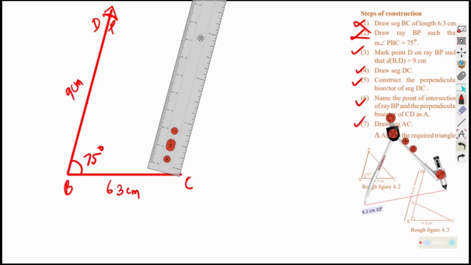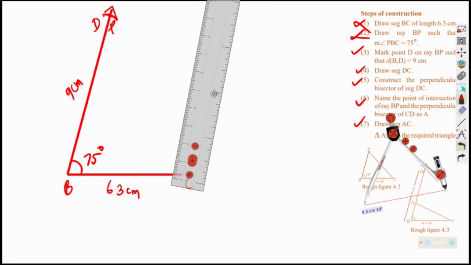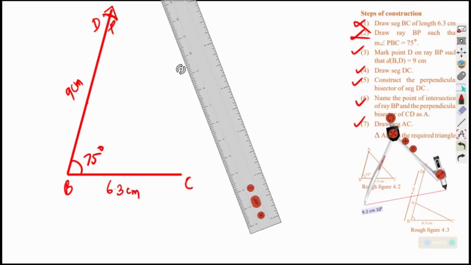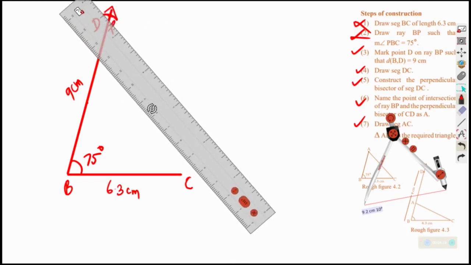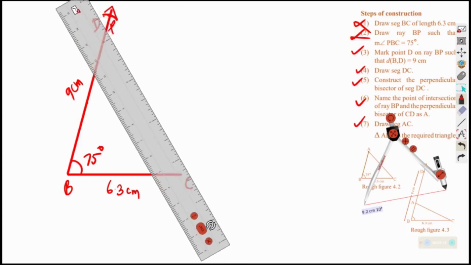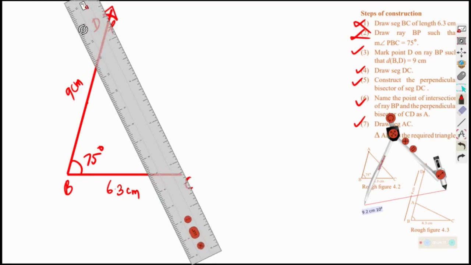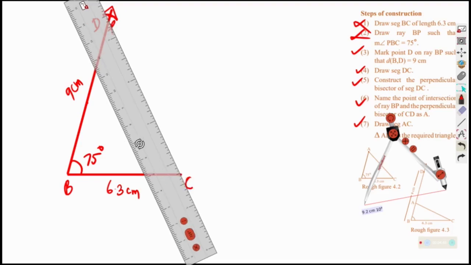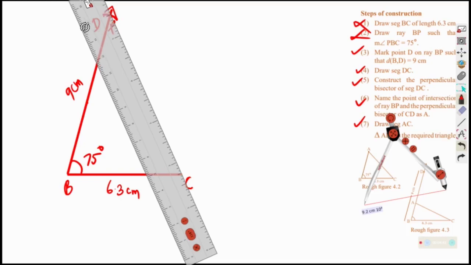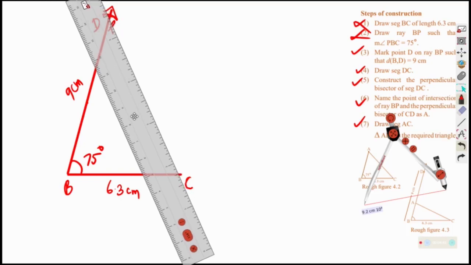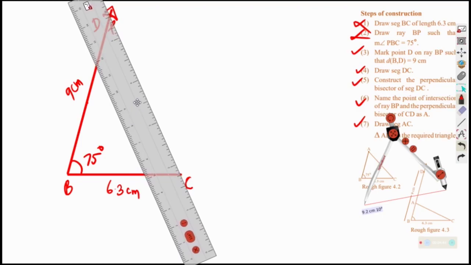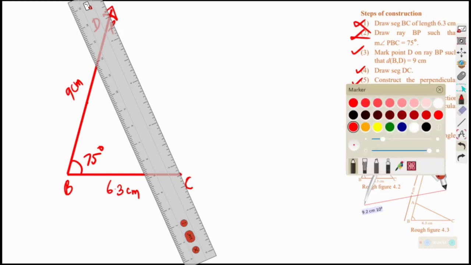Now I will connect D with C. D needs to be connected with C now. For that again I require the scale. Adjust the scale to connect D with C. Okay, I can draw that side.